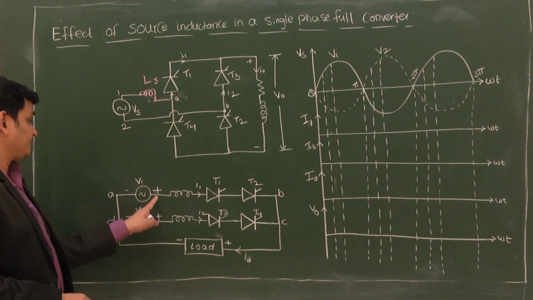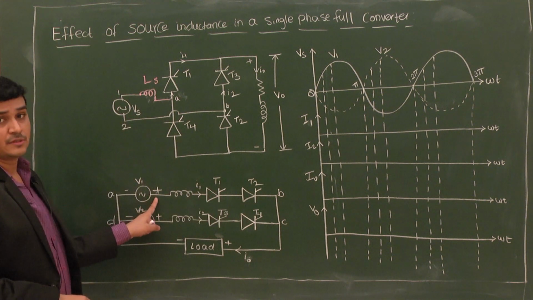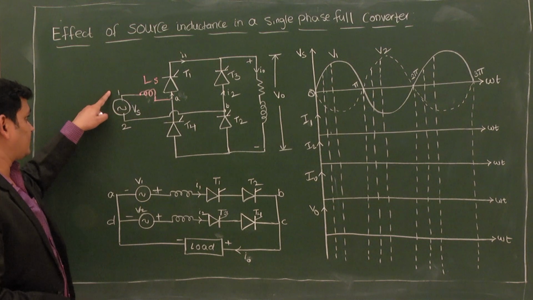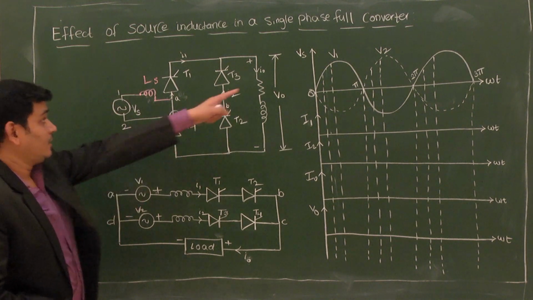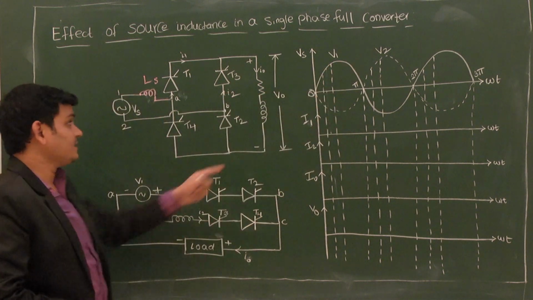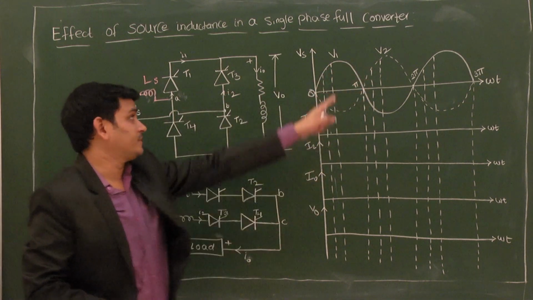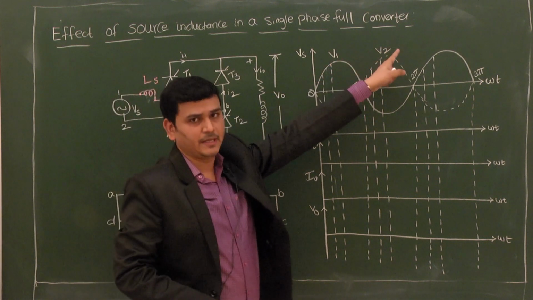Here I have considered terminals 1 and 2. During the positive half cycle it is V1, and during the negative half cycle it is V2. So two different voltages, I can say VAB and VBE.